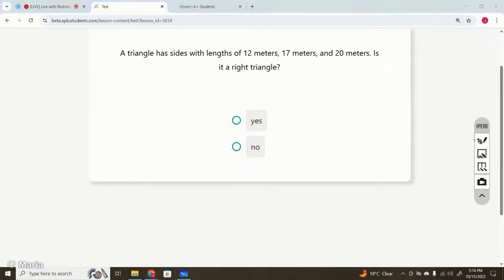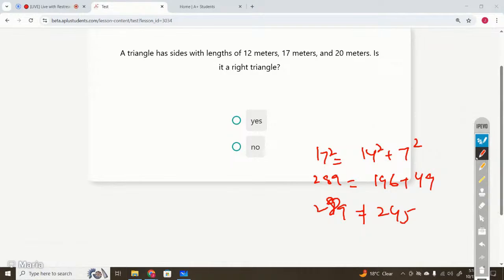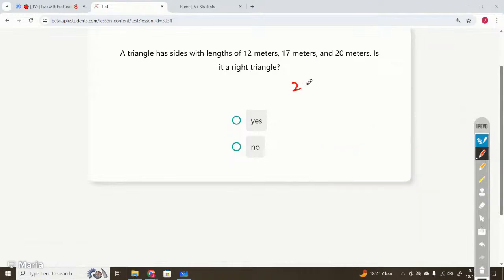So the longest side is the hypotenuse. 20 squared versus 17 squared plus 12 squared. That is 289 plus 144.